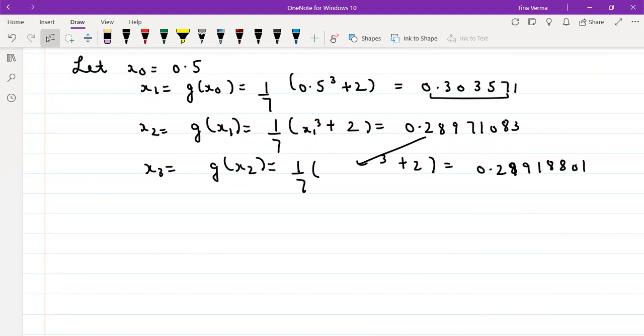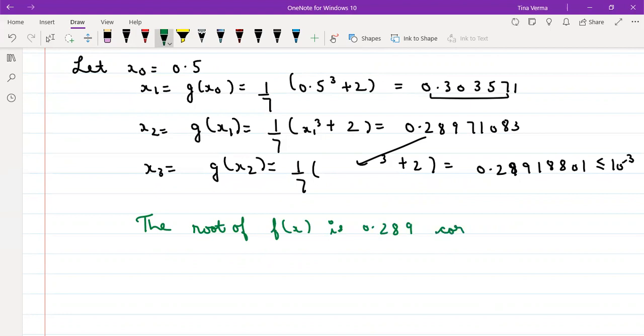So if you check the accuracy level, this is equal to 10 raised to the power minus 3. That means, whether you call it fixed point, because you have reformed the function f of x equal to 0 in this form. So the root of f of x in this case is 0.289. That is correct up to 3 decimal places.